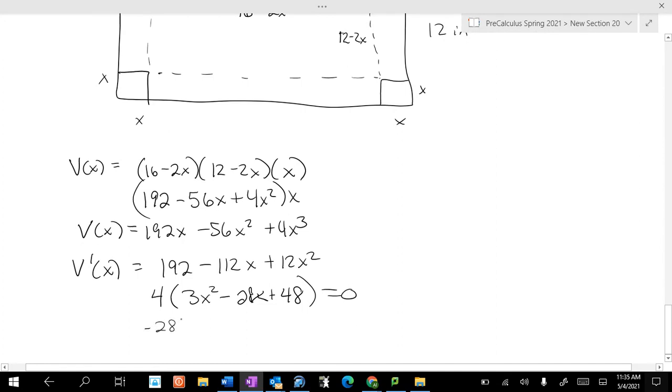Do the quadratic formula. Negative b plus or minus the square root of 28 squared. What's 28 squared? Big number. 784. Minus 4 times 3 times 48, all over 2 times 3.